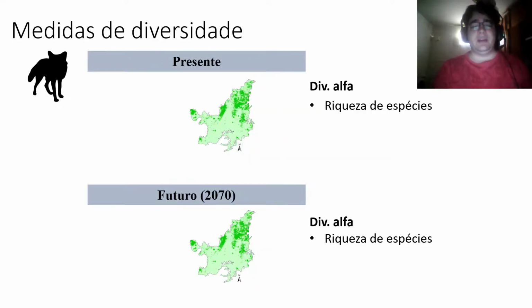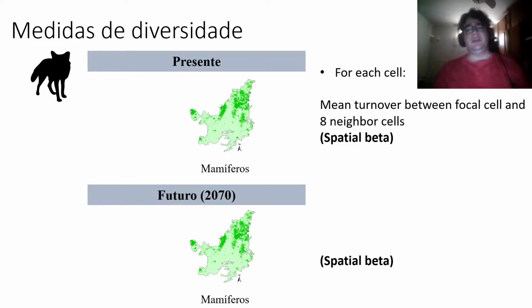Then we calculated the alpha diversity and also the spatial turnover. And how did we do that? We got each focal cell and calculated the mean of turnover from the focal cell and each of its neighbor cells.